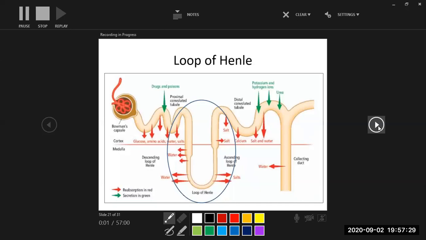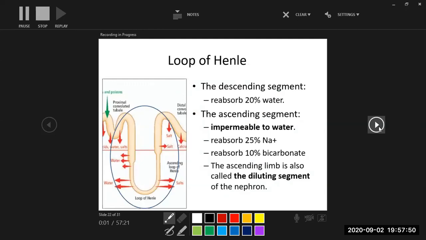The next one is the loop of Henle. This is one where the idea is very different, that they will turn into the salty area, this medulla. Okay. So the loop of Henle has two limbs. It depends on the textbook.